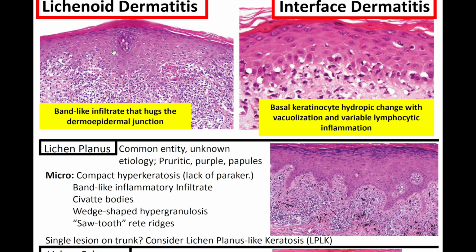So right at this junction between we got the epidermis up here and the dermis down below, and right at that junction, you've got this band-like infiltrate, classic for lichenoid dermatitis. Interface dermatitis, you're going to have basal keratinocyte hydropic change with vacuolization and variable lymphocytic inflammation. And you can kind of see this vacuolar degeneration or vacuolar change here.